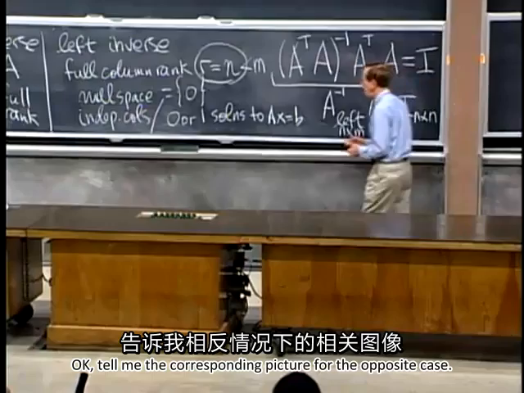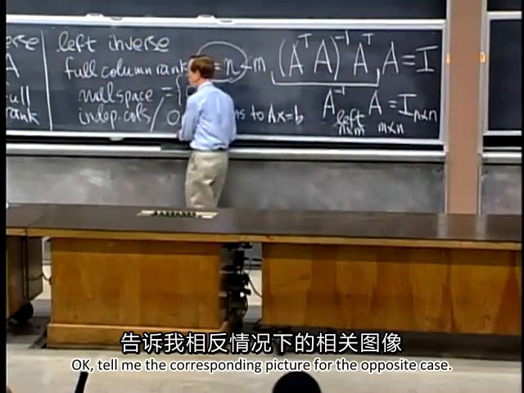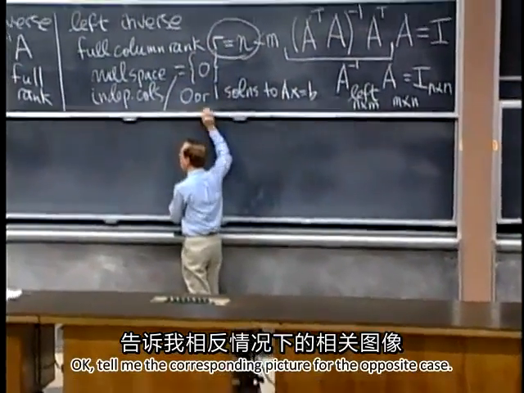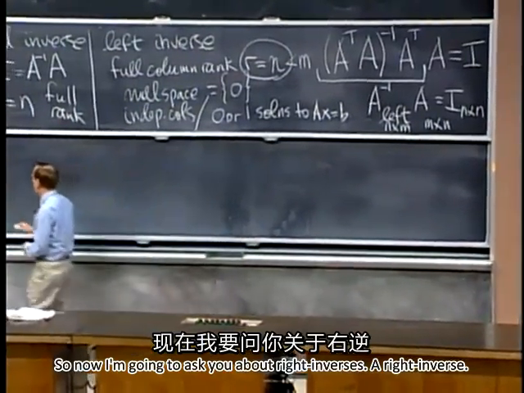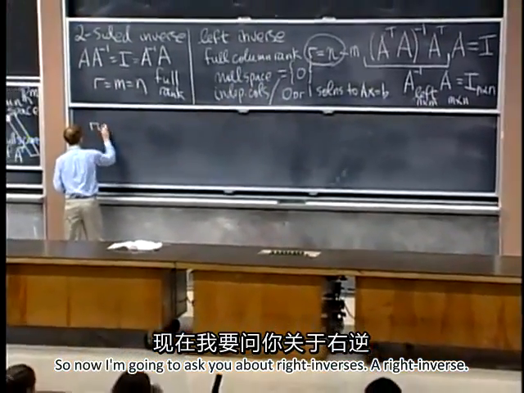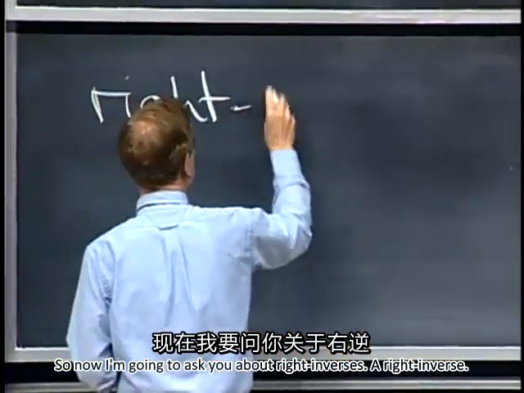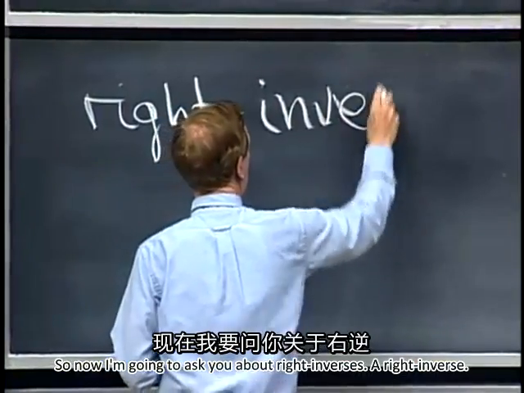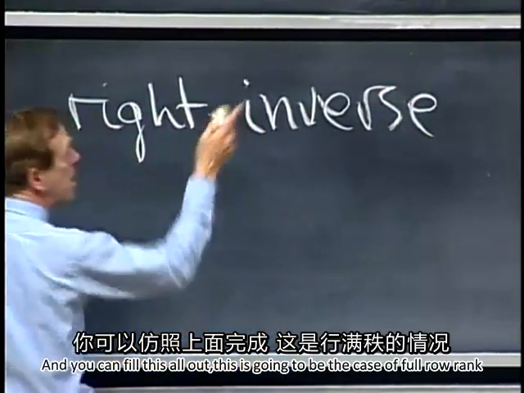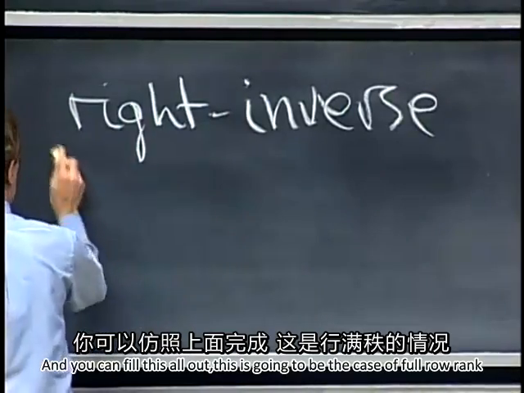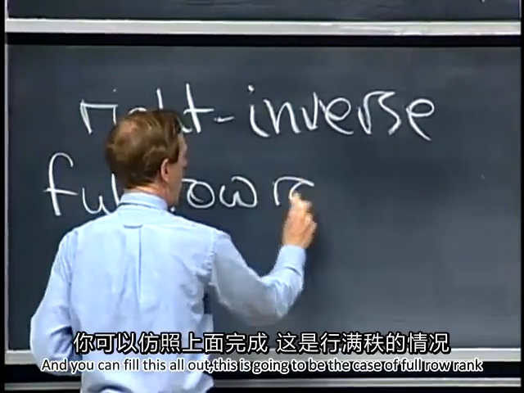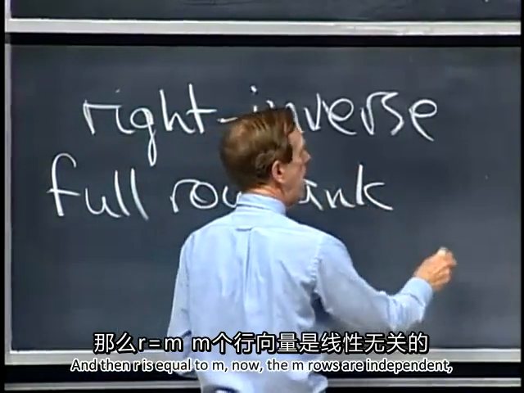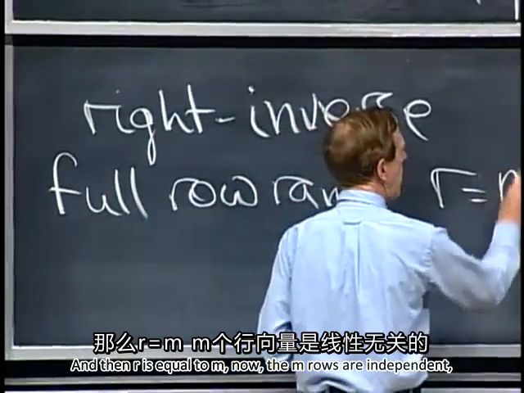Okay, tell me the corresponding picture for the opposite case. So now I'm going to ask you about right inverses. And you can fill this all out. This is going to be the case of full row rank, and then r is equal to m now.